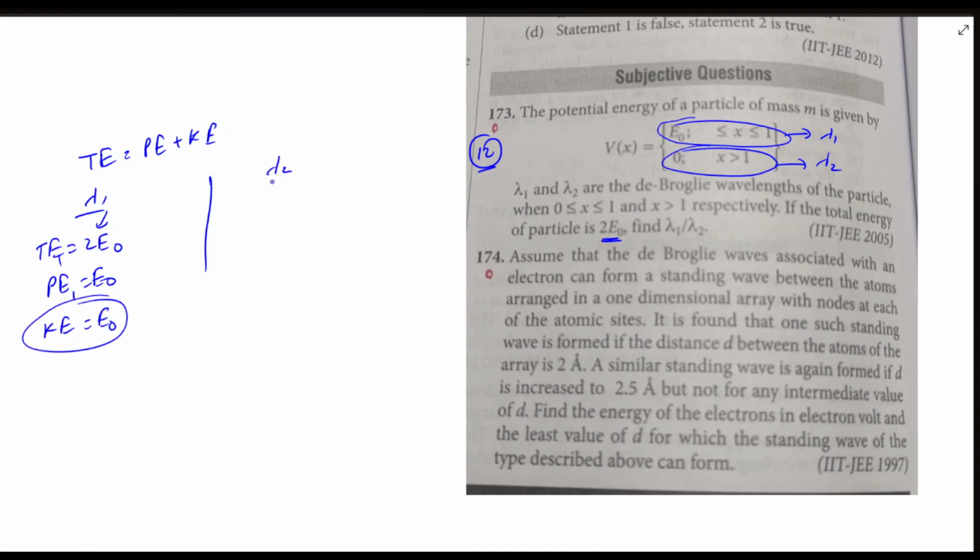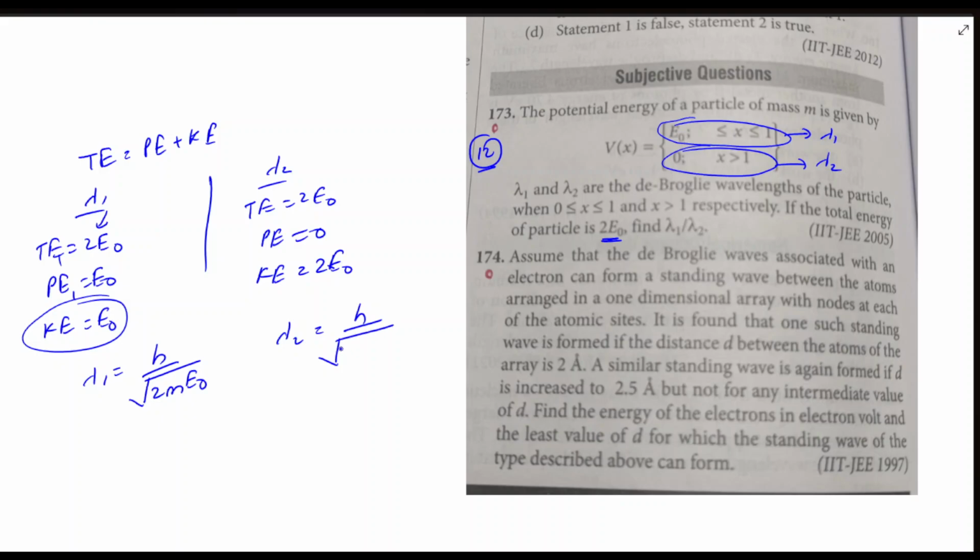And for the lambda 2 case, the total energy again is 2 E naught. The potential energy is 0. So the kinetic energy will be 2 E naught. Okay. So let's find lambda 1. Lambda 1 will be h upon root 2 m E naught, and lambda 2 will be h upon root 2 m 2 E naught.